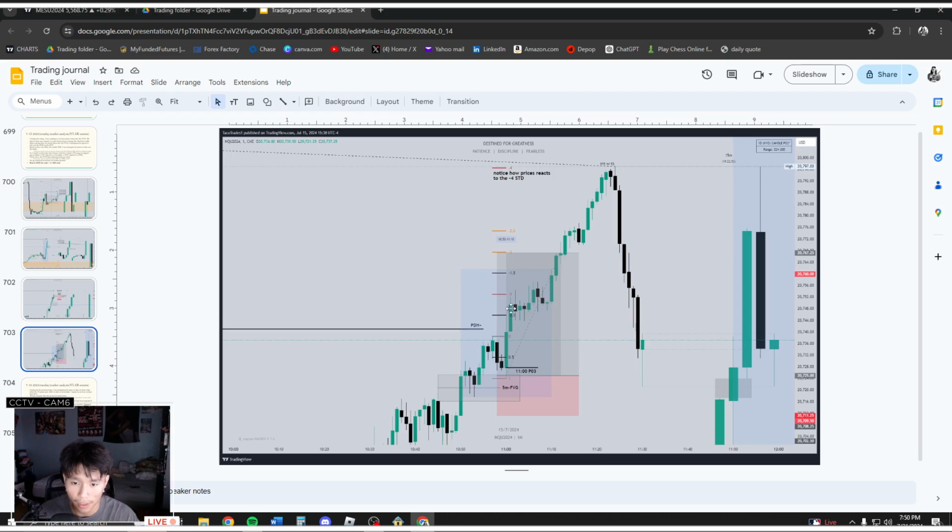Based on how we closed on these 1 minute candles, you can anticipate how the 5 minute candle would look. So I was anticipating for us to continue higher, and once we got this larger displacement, that's when I got stopped out of my trade, having steadily moved my stop losses to where price shouldn't retrace back into.